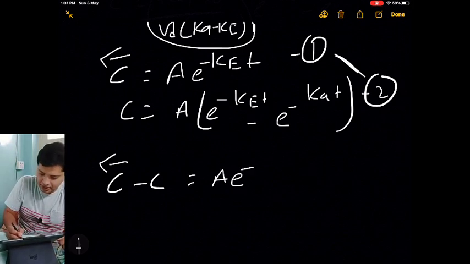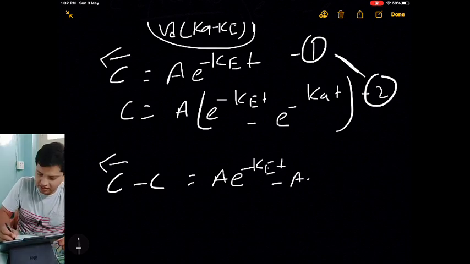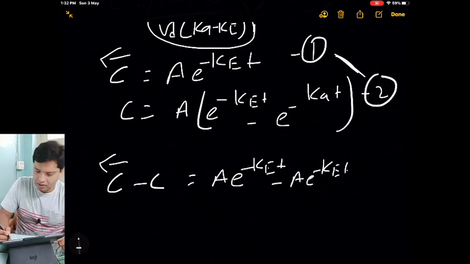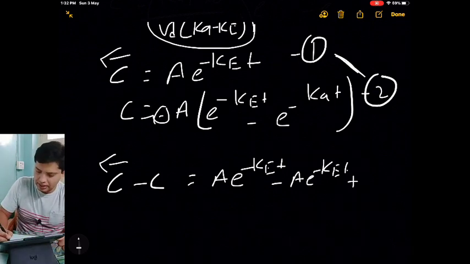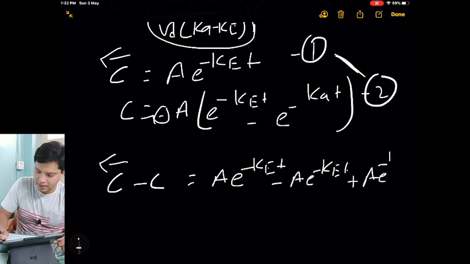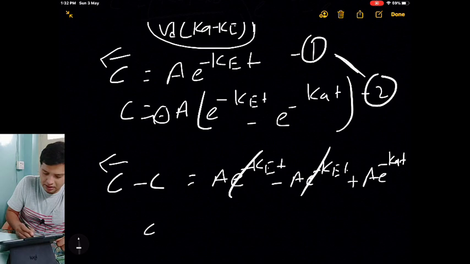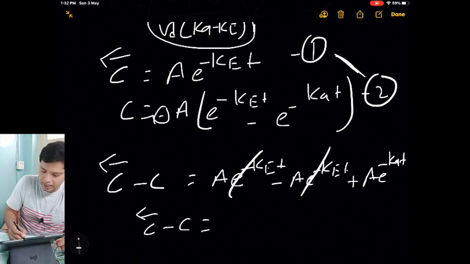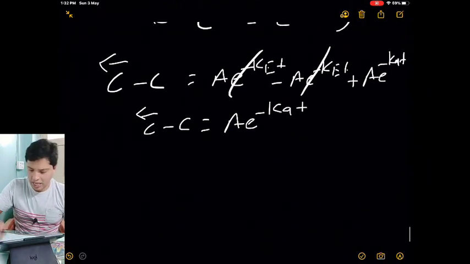A e to the power minus Ke t. For the true concentration, you have to multiply by minus A e to the power minus Ke t, because we are subtracting, you will get a negative sign here, plus A e to the power minus Ka t. Okay, this will get cancelled. The remaining is A e to the power minus Ka t. Now we got the absorption rate constant here.